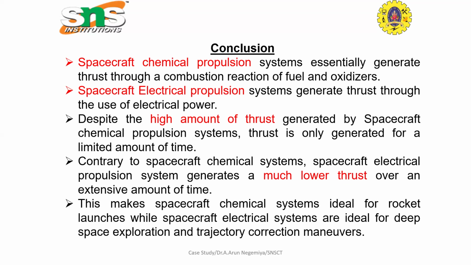Compared to that, in spacecraft electrical propulsion, very low thrust is produced compared to chemical propulsion. In spacecraft we need more thrust, which is why we prefer chemical propulsion. For drones and some rotorcraft, we can utilize electrical propulsion.